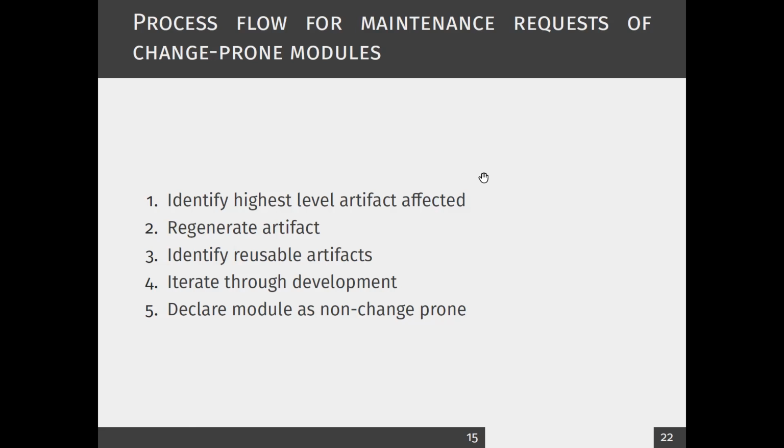Then regenerate the artifact, which could be the module, then identify reusable artifacts and iterate through the development, and then declare the module as non-changeable. That means that this module or piece of code will take time to change.